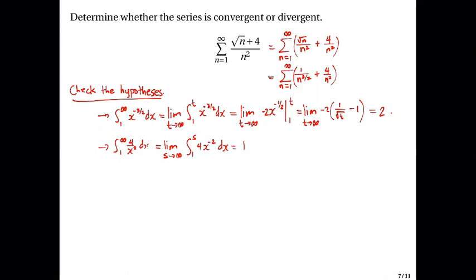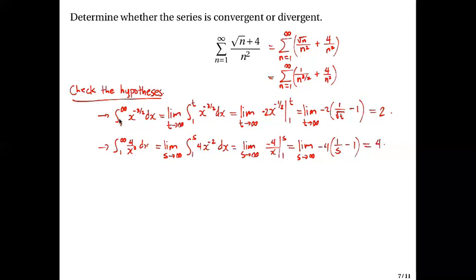So this is equal to the limit as s goes to plus infinity of negative 4 over x, evaluated from 1 up to s, which gives us limit as s goes to plus infinity of negative 4 times the quantity: at s, you have 1 over s, and at 1, you have minus 1. And just like before, as s goes to plus infinity, 1 over s will go to 0, so this is equal to positive 4.